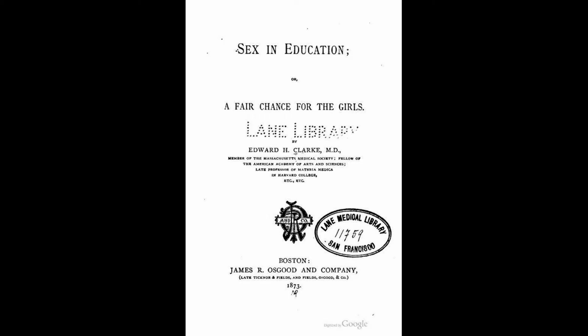So this book, Sex and Education, A Fair Chance for the Girls, looks like it's asking people to overlook that prejudice, but in fact, it was endorsing it and really claimed that too much mental activity would affect a young woman's reproductive organs and render her sterile.